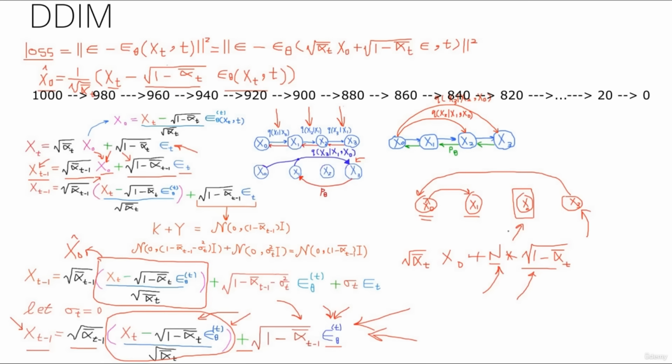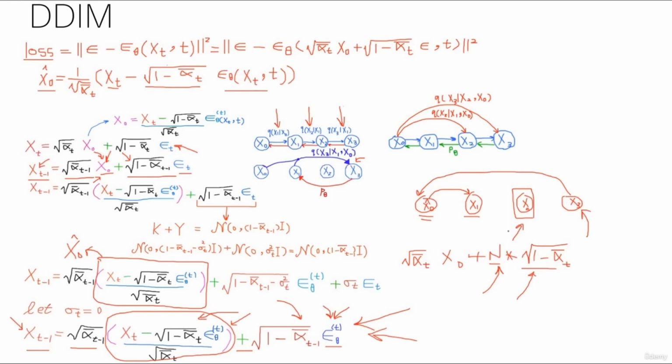We will jump 20 time steps, and we will reach time step 980. We will jump 20 time steps again, and we will reach time step 960. By doing this, we will just need 50 time steps to move from time step 1000 to time step 0, while in DDPM we need to move 1000 time steps, but here we can move just 50 time steps to generate the same images.